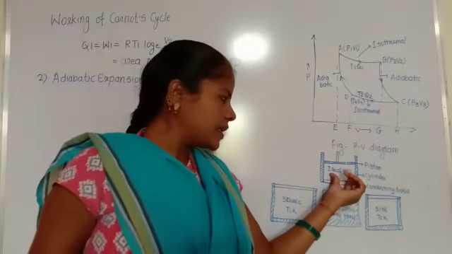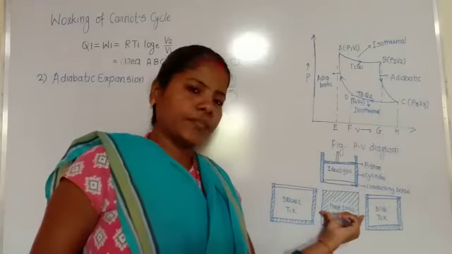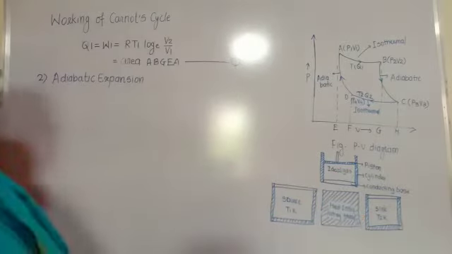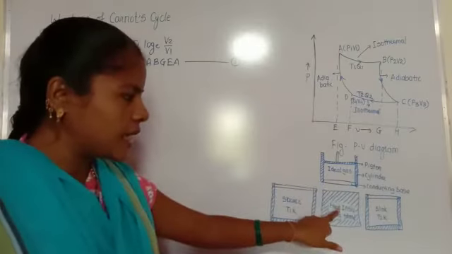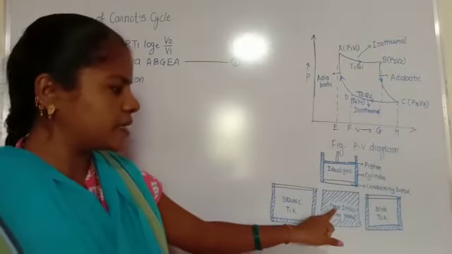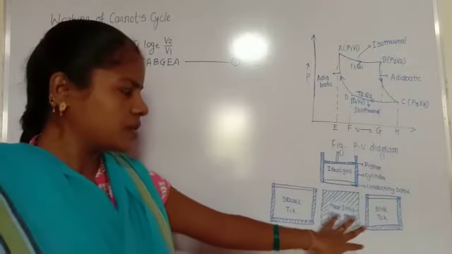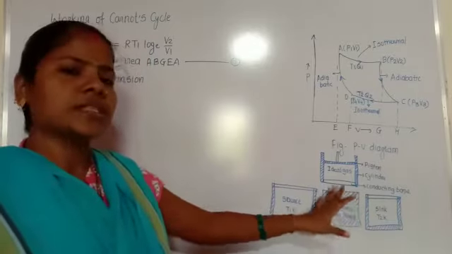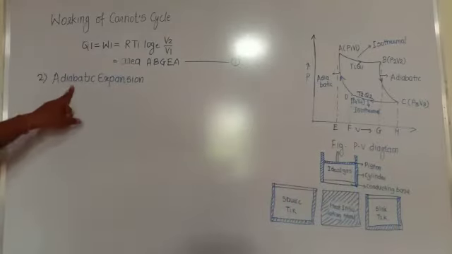The ideal gas cylinder is kept on the heat insulating stand the second time. When the cylinder is kept on the heat insulating stand, there is no energy transfer. That's why the gas undergoes adiabatic expansion.